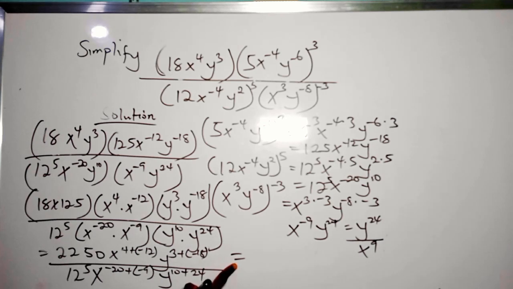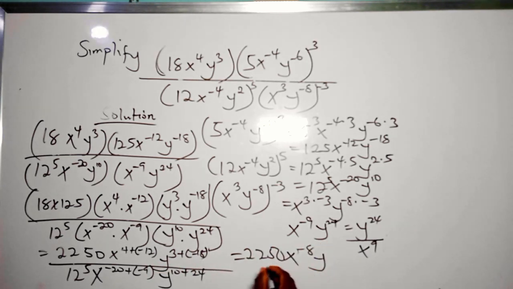So our answer equals, for 2250, we have x. For 4 minus 12, we have minus 8. And for the y term, 3 minus 18, plus and minus is minus, so we have minus 15.